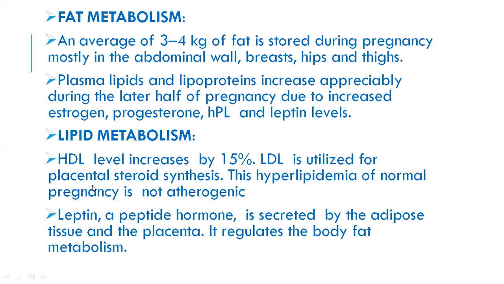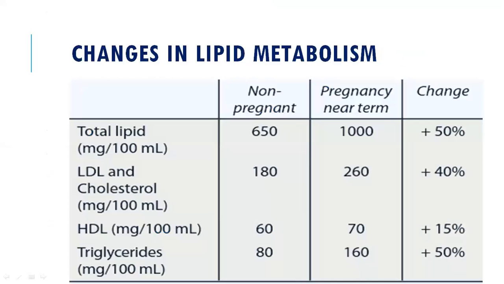LDL is utilized for placental steroid synthesis. The hyperlipidemia of normal pregnancy is not atherogenic, that means it doesn't clot the vessels. Leptin, a peptide hormone secreted by the adipose tissue and placenta, regulates the body fat metabolism.